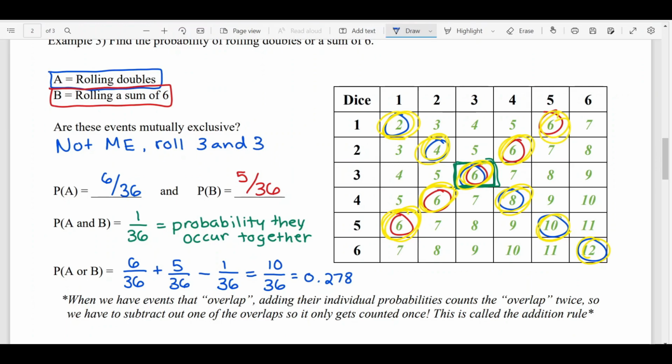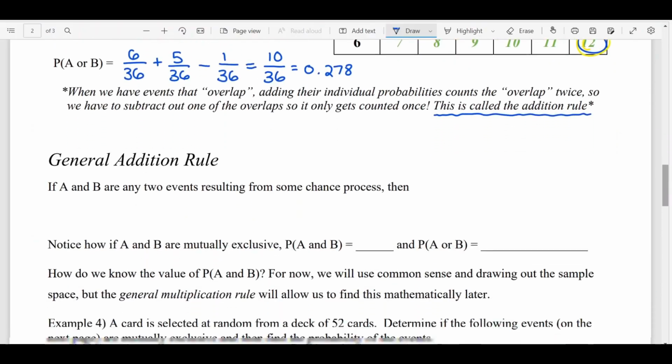When we have events that quote unquote overlap, adding their individual probabilities will count that overlap twice. So we have to subtract one of that overlap so it only gets counted once. That idea is called the addition rule, or the general addition rule.